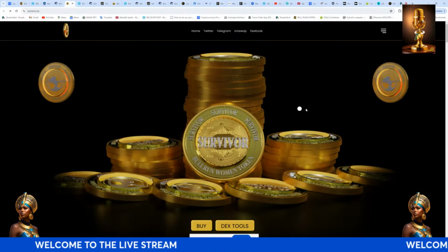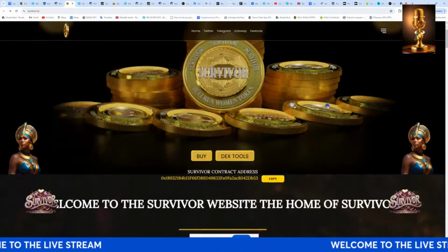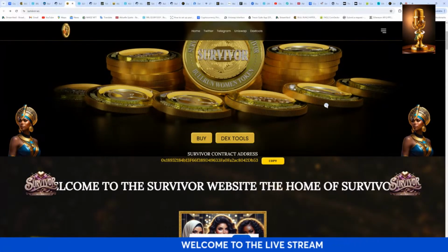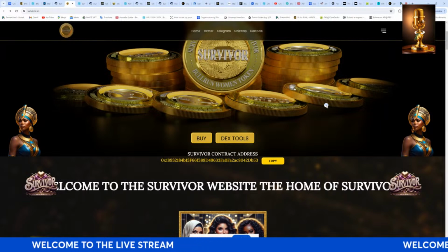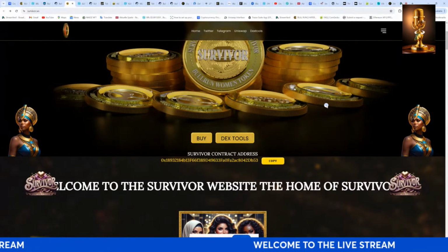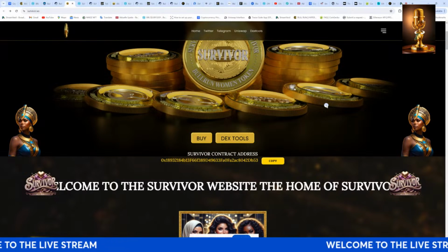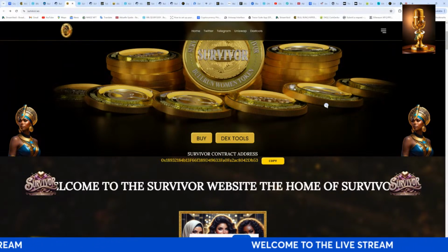Now, another great narrative we have here is our Survivor token. This token is dedicated to the women, the queens in this space. And it's a very unique token because there's nothing like it either. Within our ecosystem, the reason why we developed these 2 tokens is because we want to give the community an opportunity, first of all, to be early in these tokens while they still have a low market cap.